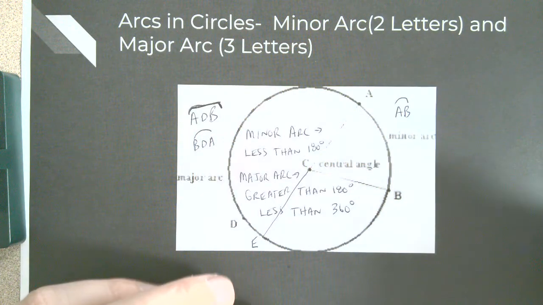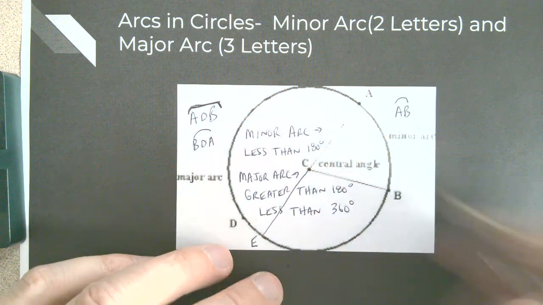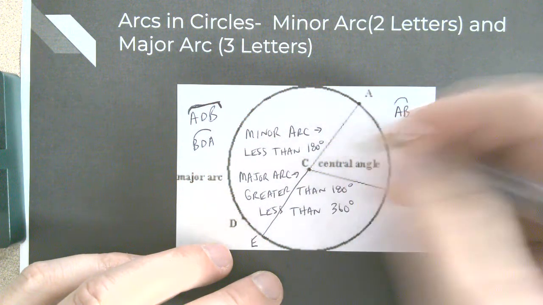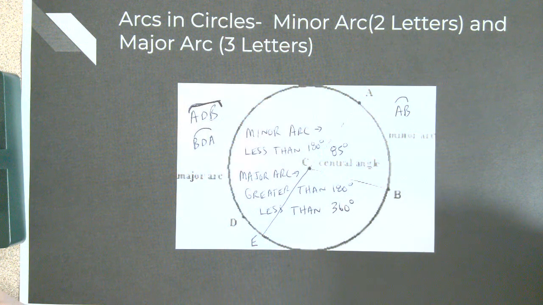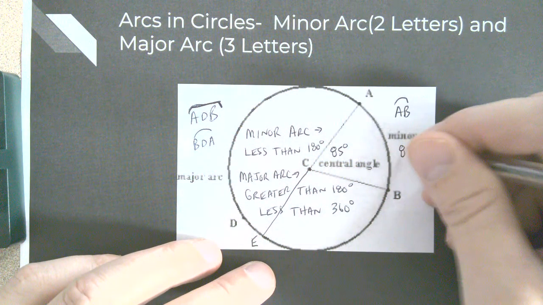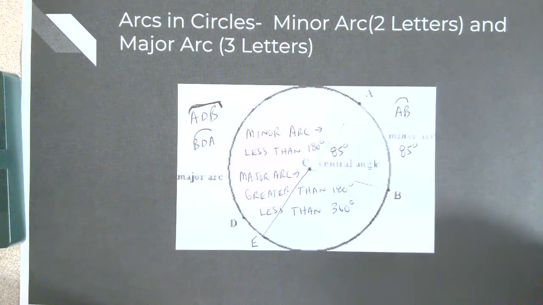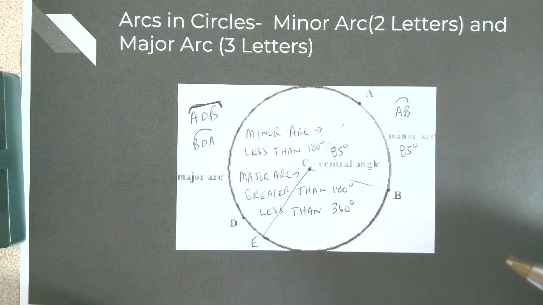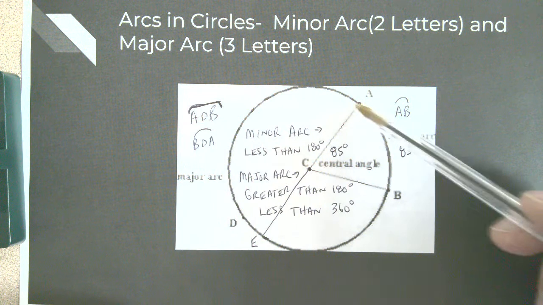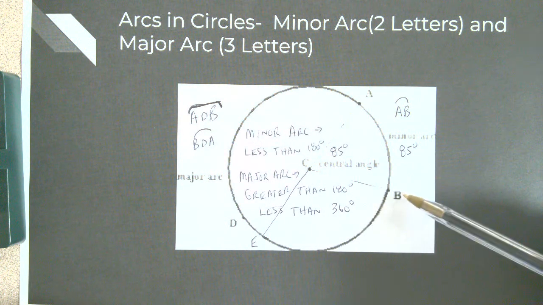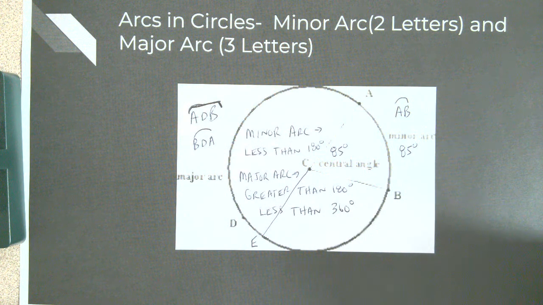Let's do one more thing here. If I said to you that angle ACB is 85 degrees, what would be the measure of arc AB? Everybody agree it's 85? If I said, what then is the measure of arc ADB, that major arc all the way around from A to B, what would I do to find that value?